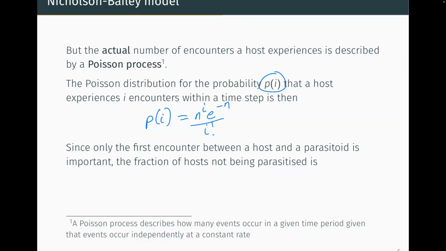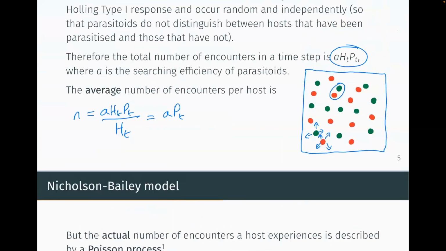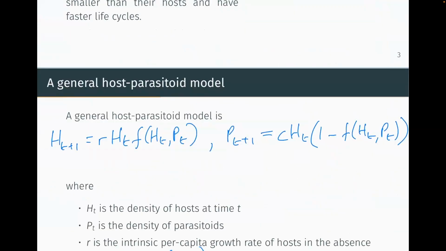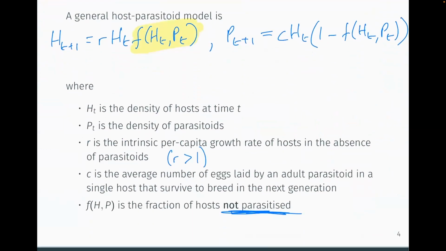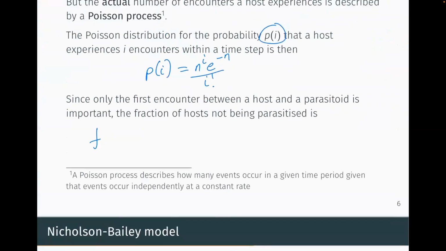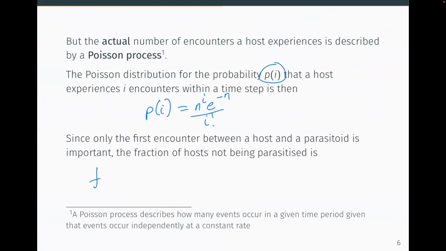So that means that our function f, if we go just all the way back up here for a moment, this function f here was our fraction of the hosts that are not parasitized. Okay, so if we only care about the first encounter, then the fraction of our hosts that are not parasitized at time t is just going to be this P of 0.